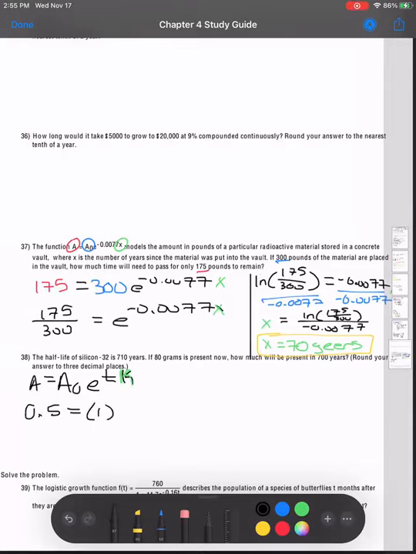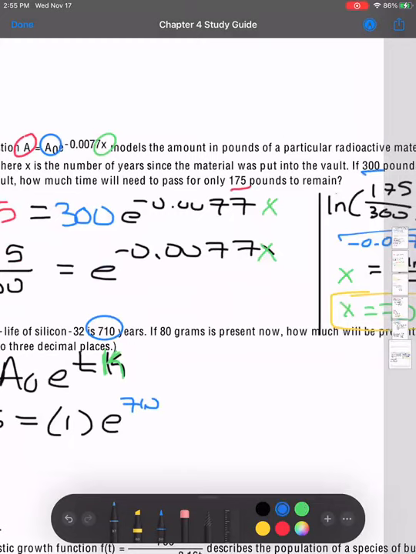The reason it's 1 and 1/2 is because it's just the easiest way to think about it. Okay, and then you're going to have e to the power of t. So the t we're going to use is the 710 years, and then k.